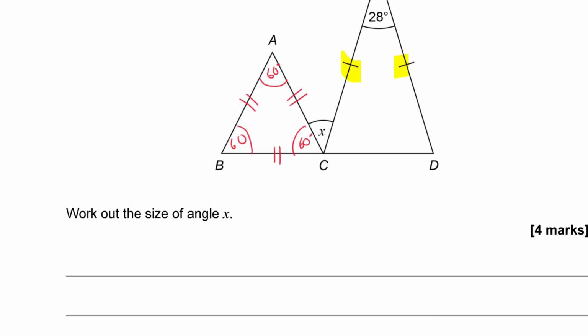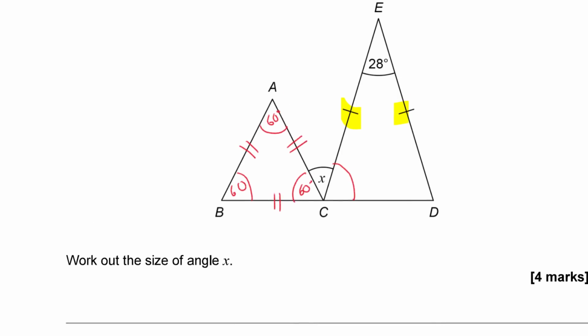Okay, so I want to work out the size of angle x. So you can see my angle x is lying on a straight line, because BCD is a straight line, where part of the angle is 60, part of the angle is x, and part of the angle is that one there that we're going to have to find then, aren't we? Okay, so I'm going to use the fact that this triangle is isosceles to know that these 2 angles here are going to be equal to each other.